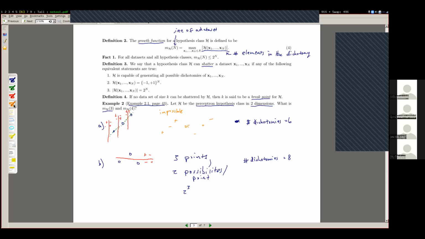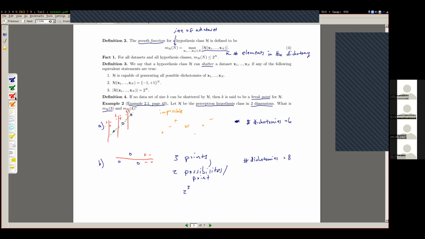And then the key thing about this growth function, this MH right here, the thing that this example is actually asking us to calculate, is that it's the maximum of the number of dichotomies over all possible data sets that you might consider. So even though we have one particular data set whose number of dichotomies is 6, this other data set has a number of dichotomies equal to 8.